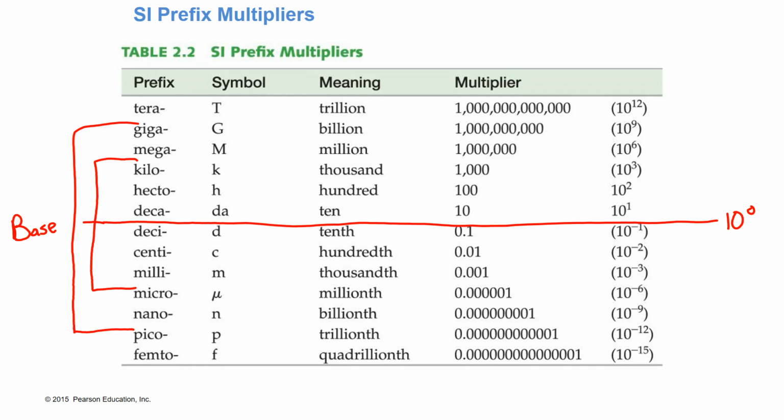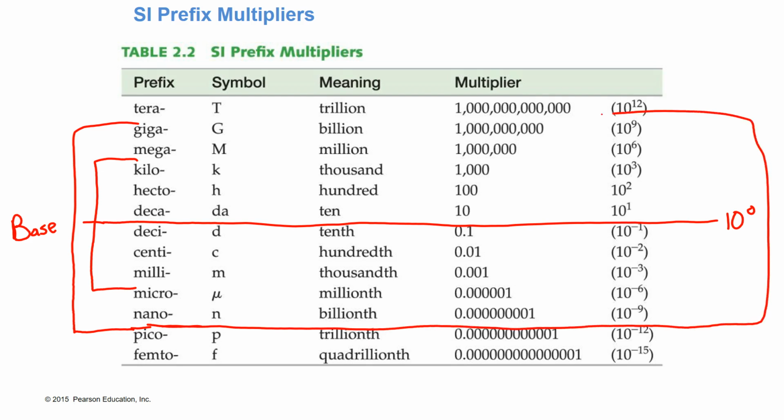So giga all the way down to nano is what I'm going to be concerned with. And remember, your base unit is going to be that meter, liter, gram, second, those kind of things. And then we can add those prefixes in front of it to change the value of the number.